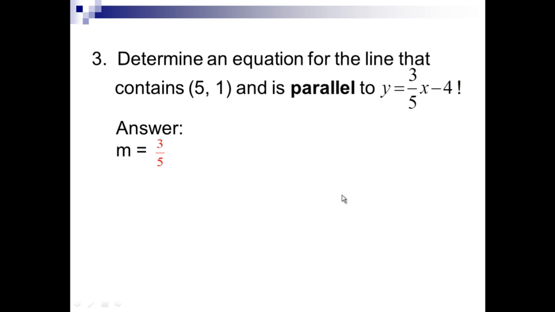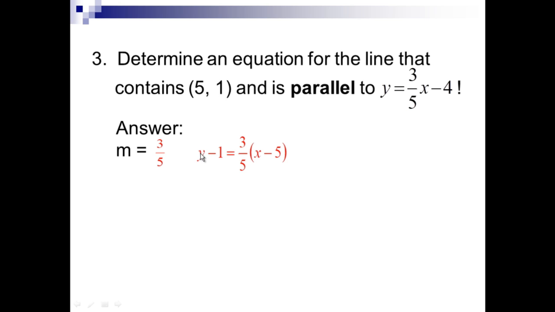Number 3. Determine an equation for the line that contains (5, 1) and is parallel to y equals 3/5 x minus 4. From the equation, we know that the gradient is 3/5. So we can substitute into the formula of the equation of a straight line, with x1 and y1.